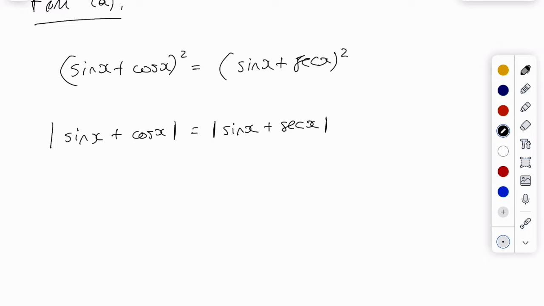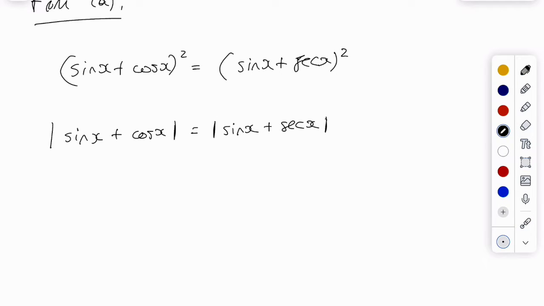And what does that imply? Well, all of these are positive in the interval 0 to pi over 2. That much we know, so they're all going to be positive.